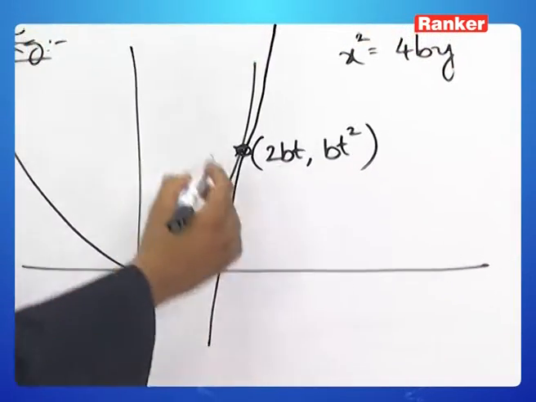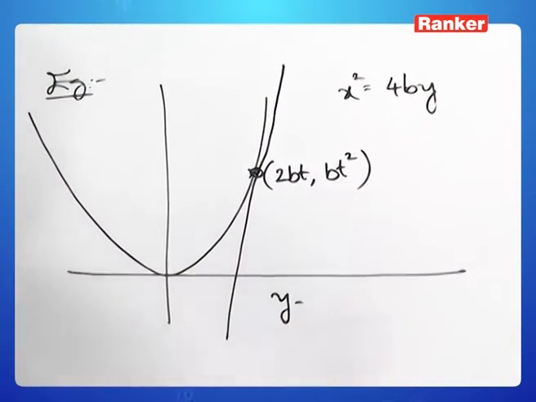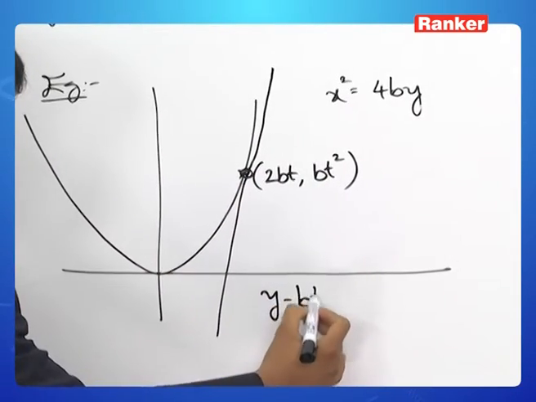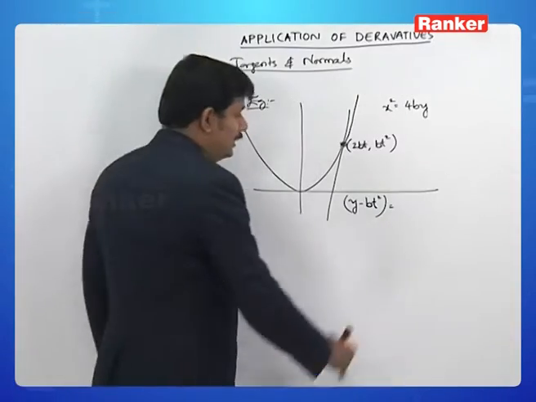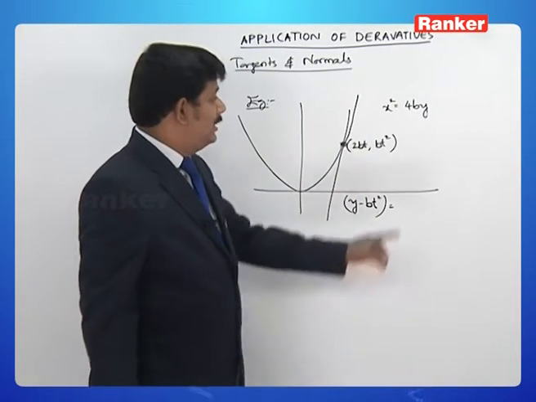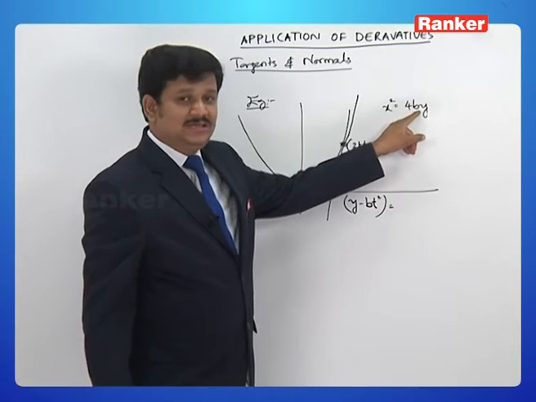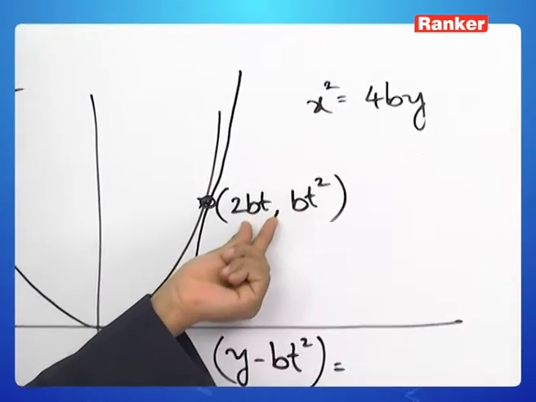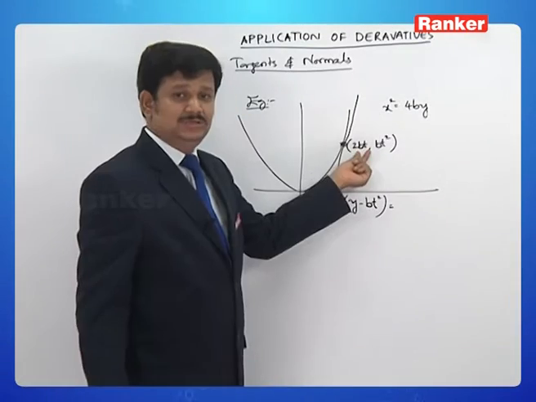The equation of the tangent at this point is given by y minus y1, where the y coordinate at this point is bt square, is equal to m into, where m is dy by dx at this point. Dy by dx, I can either differentiate this curve or differentiate the ordinate and abscissa parametrically with respect to t.